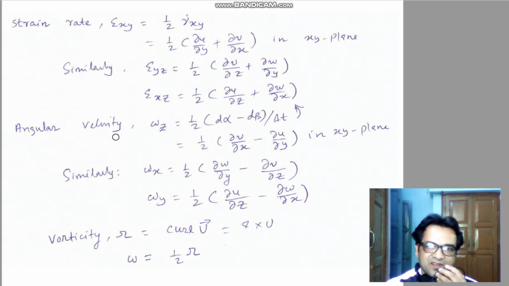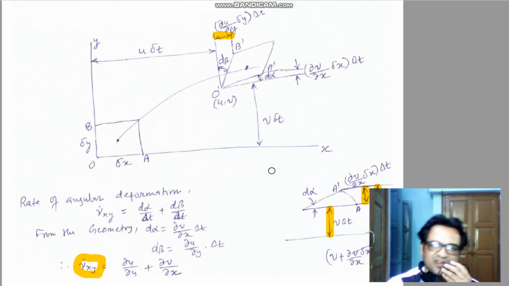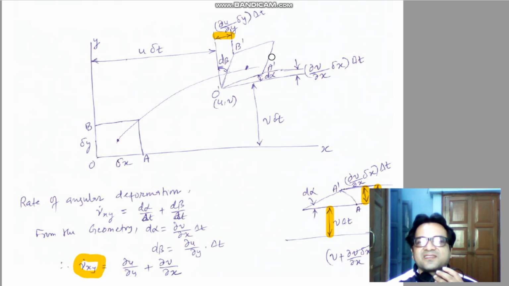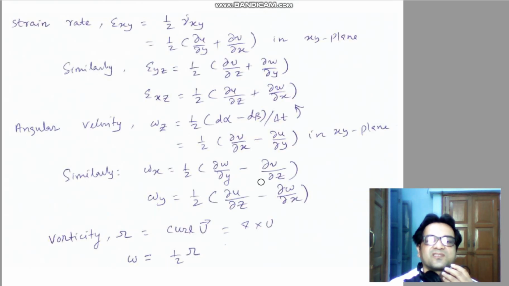Now what is angular velocity? Suppose it is rotating in the anti-clockwise direction. OA dash moves in the anti-clockwise direction, but OB dash moves in the clockwise direction. So the net angular deformation will be the rotation of OA dash minus the rotation of OB dash. It is not a summation, it is a subtraction.